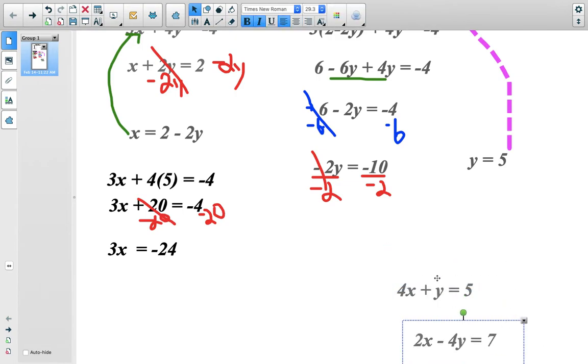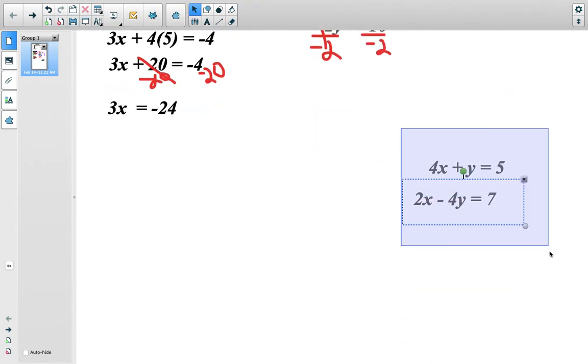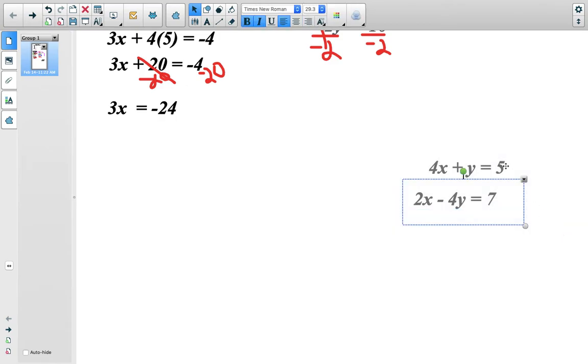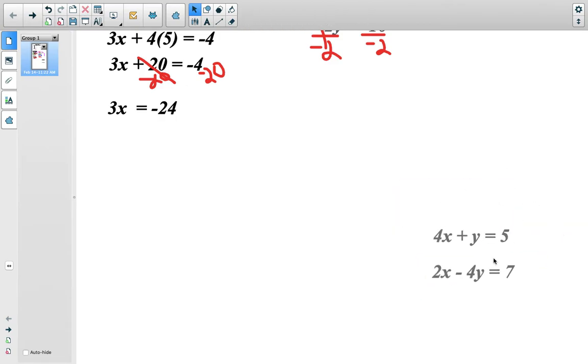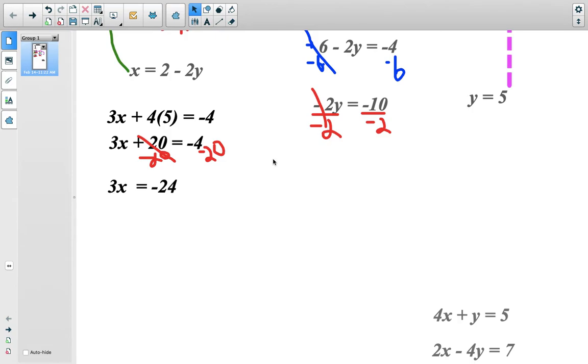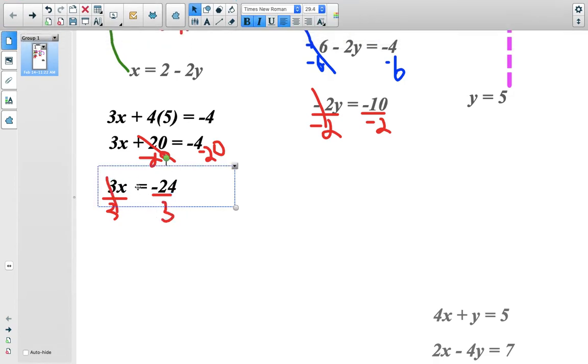Sorry, I'm just going to move this over. And then what I end up getting is, if I divide both sides by 3 to get x by itself, I get x equals -8.